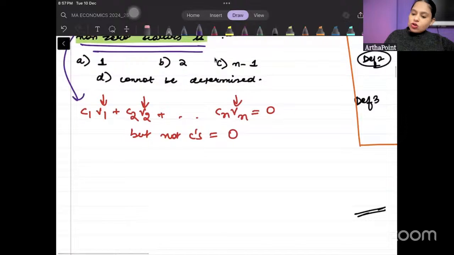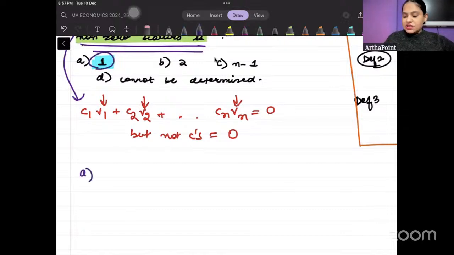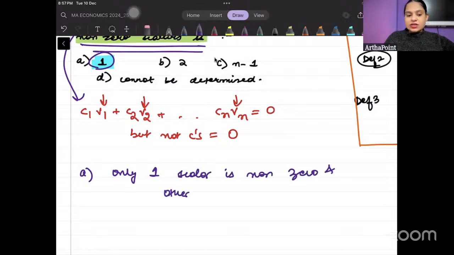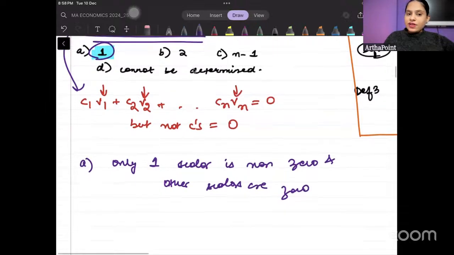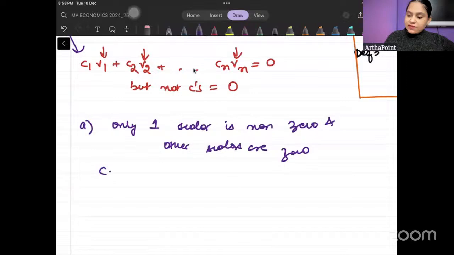So let's try with option number A, beta. That means 1. A means that only one scalar is non-zero and other scalars are 0. सिर्फ एक स्केलर नॉन जीरो है और बाकी सारे स्केलर जीरो हैं, तो what will we go ahead and get, कि C1 V1, all other scalars are zero.